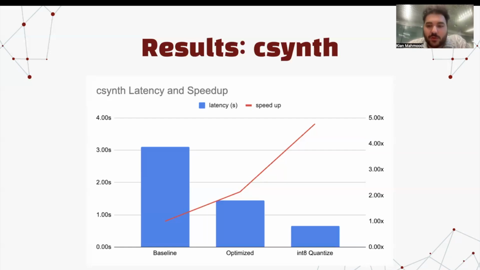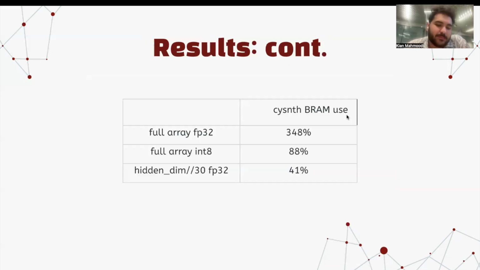We also want to quantify the effectiveness of quantizing on the overall performance. As seen on the slide, we gain a 5x speed improvement when using int8 quantization on top of our optimizations. However, when we looked at the area usage on the U280, we found that none of the implementations fit on the FPGA.